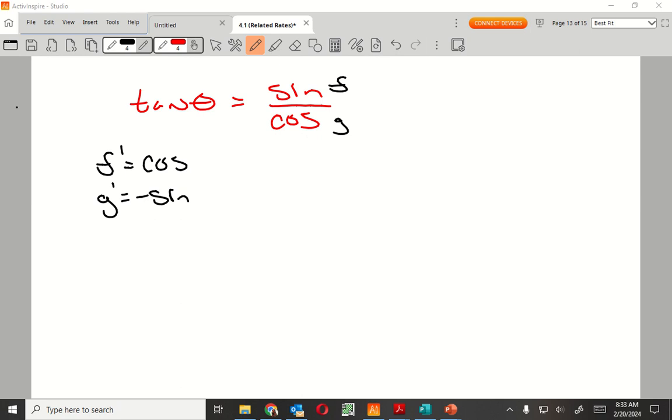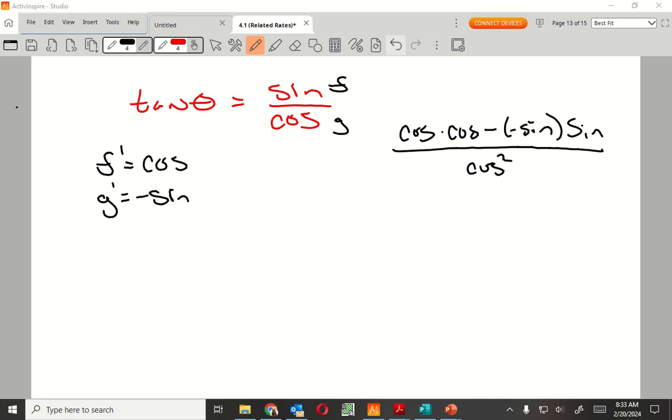So f prime g minus g prime f is going to be cosine times cosine, minus negative sine times sine, over cosine squared.